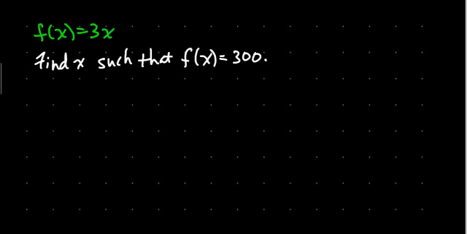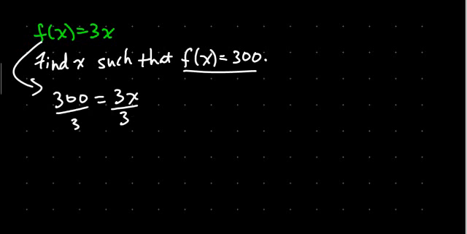We've got f of x equals 3x again, and we want to find x such that f of x equals 300. So set f of x equal to 300. Again, where there's an f of x, make it equal to 300. So 300 equals 3x. Divide both sides by 3, and we get that x equals 100.